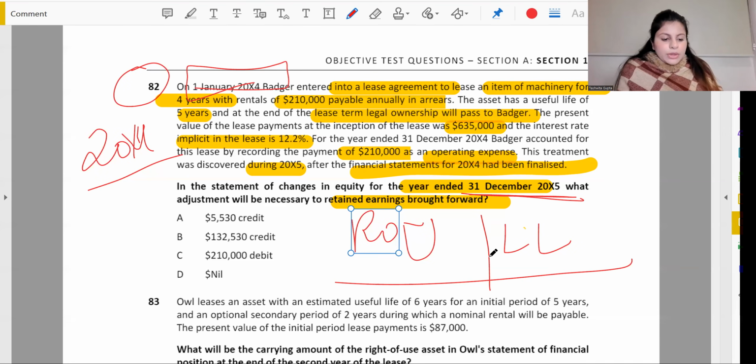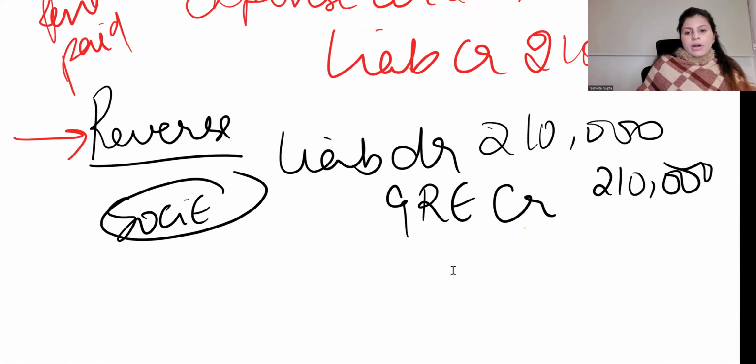You record the ROU only. You'll record the PPE when you actually receive it, but you'll depreciate that ROU. So you'll record an ROU.